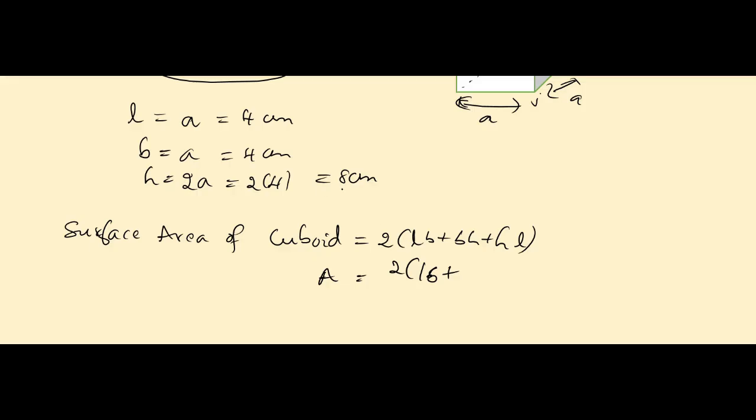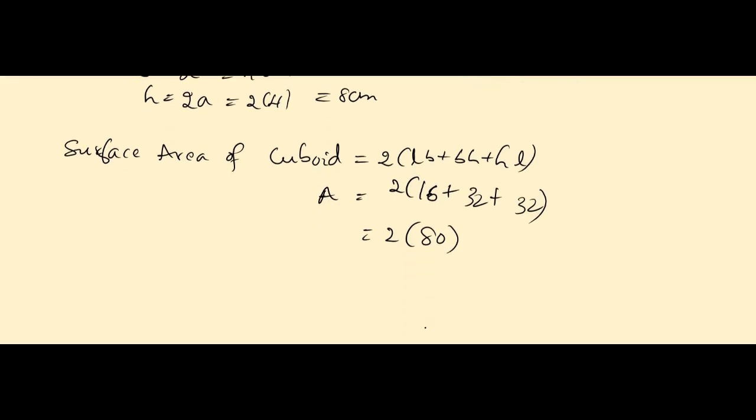Here b is 4 centimeter and h is 8 centimeter, so 4 into 8, that is 32, plus h into l, again 8 and 4, that is 32. What will be the answer? 32 plus 32 is 64, 64 plus 16 is 80. 80 into 2 is 160.